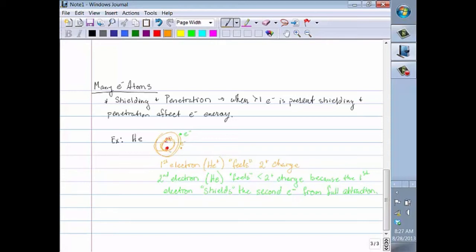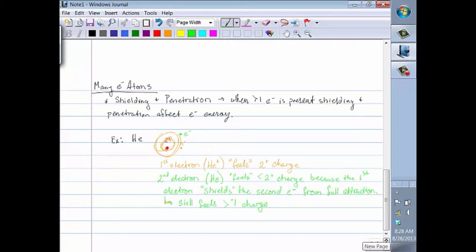So this electron basically can be treated as just canceling out some of that 2+ charge. So it's important to remember, though, that this electron, oops, I'm going to change my color back to green, this electron still feels more than a +1 charge.